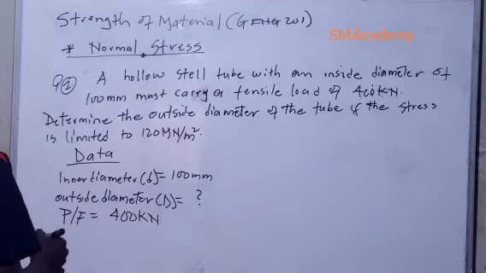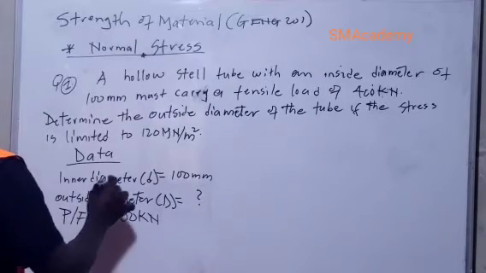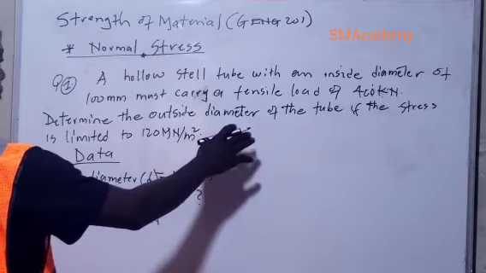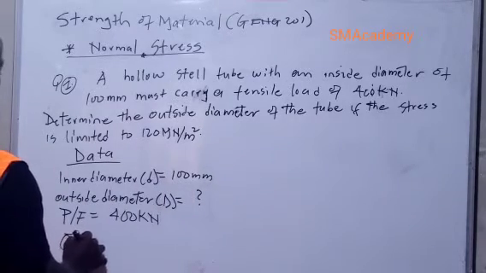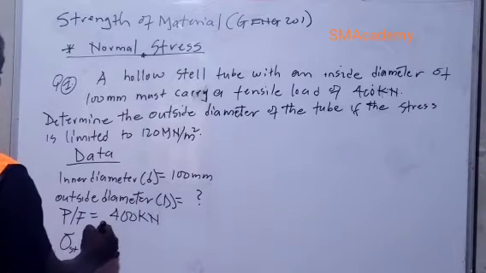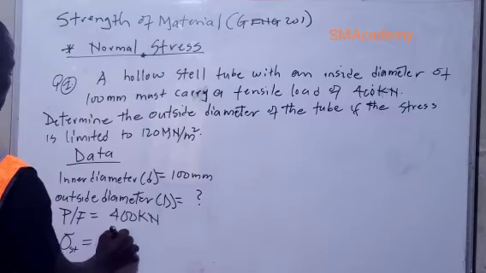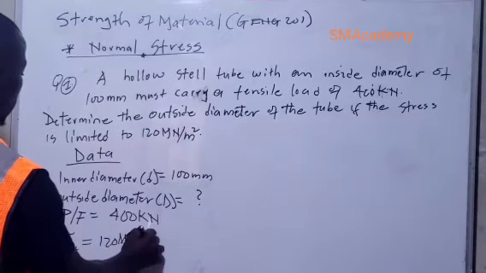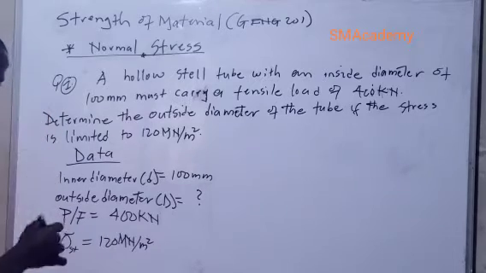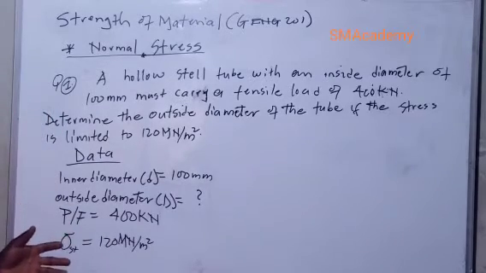So determine the stress. The stress is limited to, so they give us the stress of the steel: 120 meganewton per meter square. So we are told to find the outside diameter.